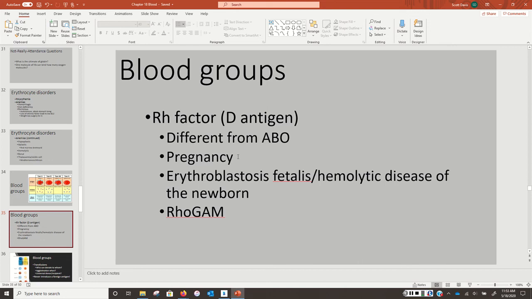But if she has another baby, the second baby or any baby after that, if that baby is Rh positive, then that baby has Rh antigens on his erythrocytes. And like we saw, mom's antibodies cross the placenta and circulate in the baby.